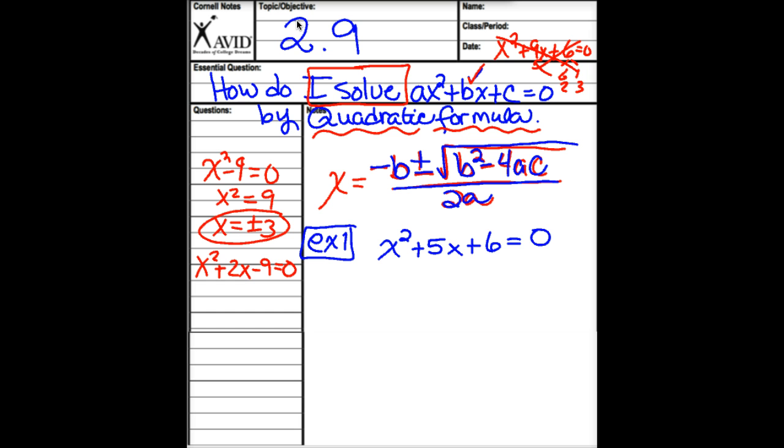And we're going to do it using the quadratic formula, which requires the identification of a and b and c before we even start. A is what's in front of the x squared. It's a 1. B is what's in front of the x. It's a 5. C is the loner sitting at the end, and it's a 6.